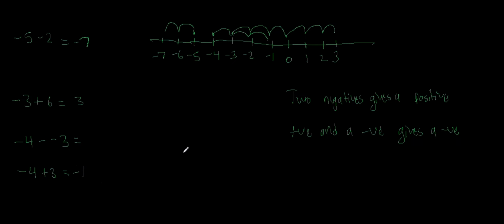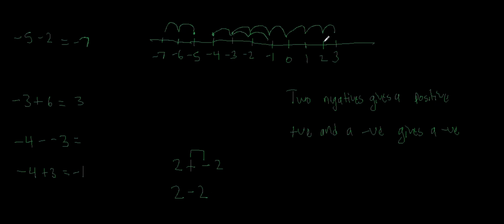So let's say now I have 2 plus negative 2. A positive and a negative together gives a negative. So I get 2 minus 2.